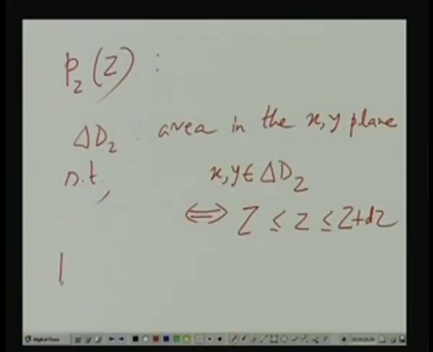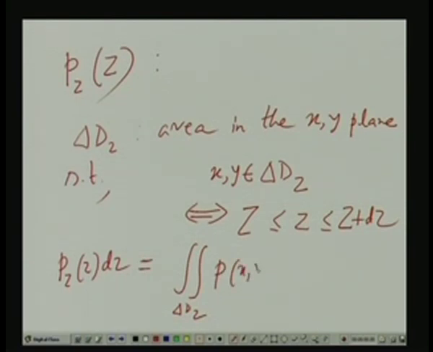That means this probability is nothing but the same integral, but this time over delta D_Z of p(x, y) dx dy.